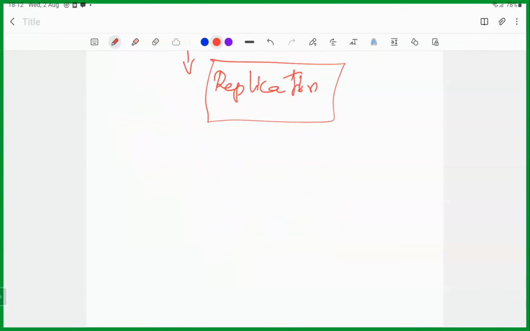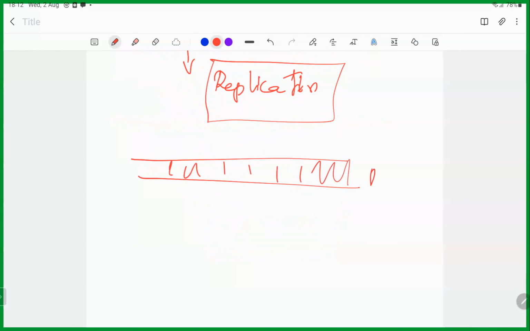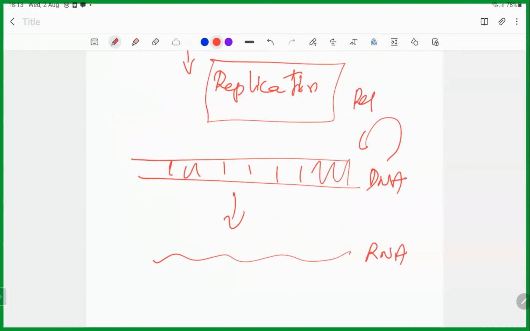Transcription. What is called transcription? See, this is DNA, which is double stranded. DNA can make one single stranded RNA. From DNA, what can be made? RNA can be made. From DNA making its own DNA, that process, what did we say?